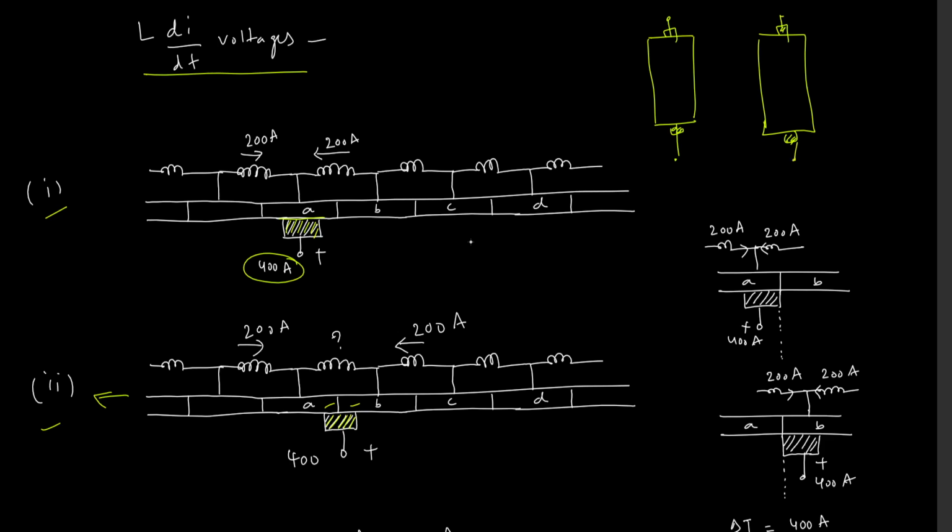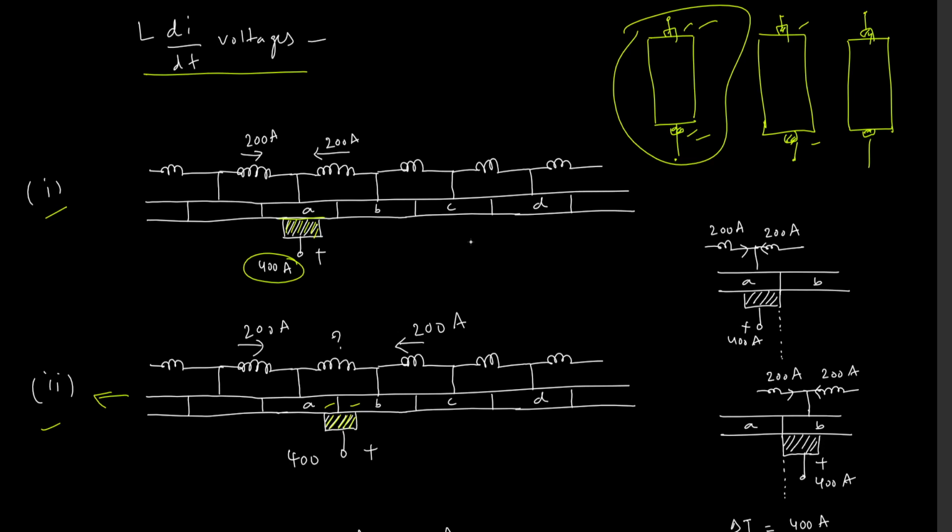So 4 parallel paths, 4 brushes in lap winding. In case of wave winding, only 2 parallel paths, 2 brushes, right? In case of 6 poles, we will have 2 more parallel paths and 2 more brushes. So 6 brushes, 6 parallel paths in a 6 pole machine, right?